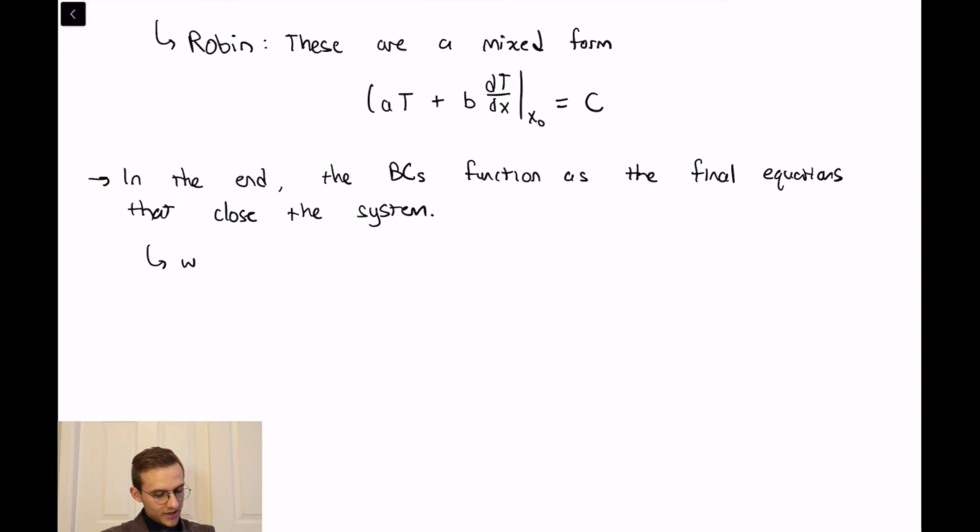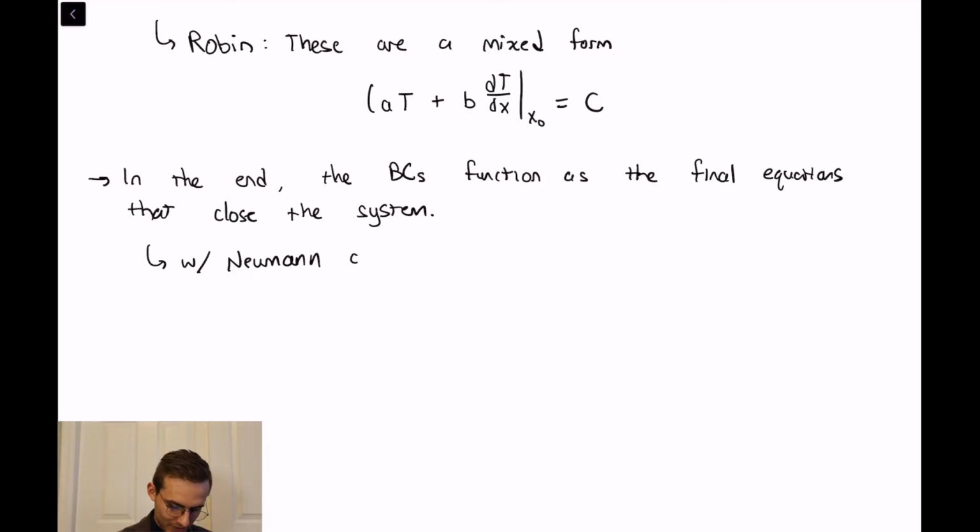But with Neumann or Robin, the temperature value at the boundary is actually unknown. I'm just going to jump back and forth between the pronunciations of Neumann; I think one must be more correct.